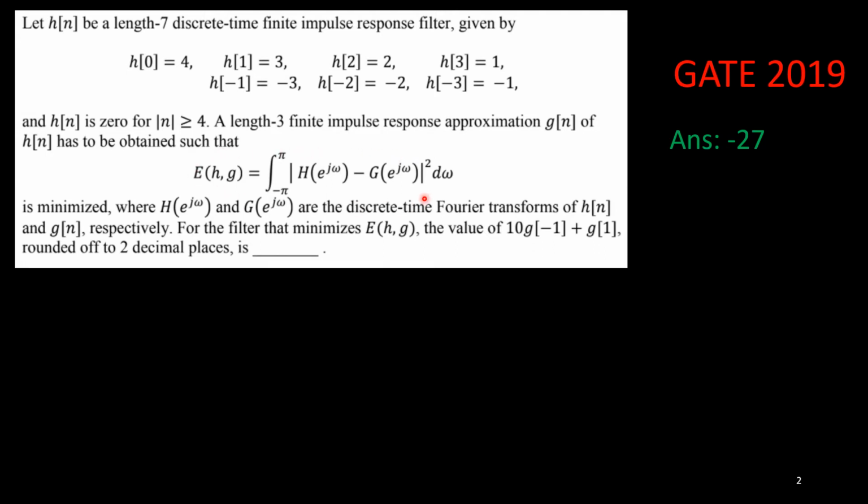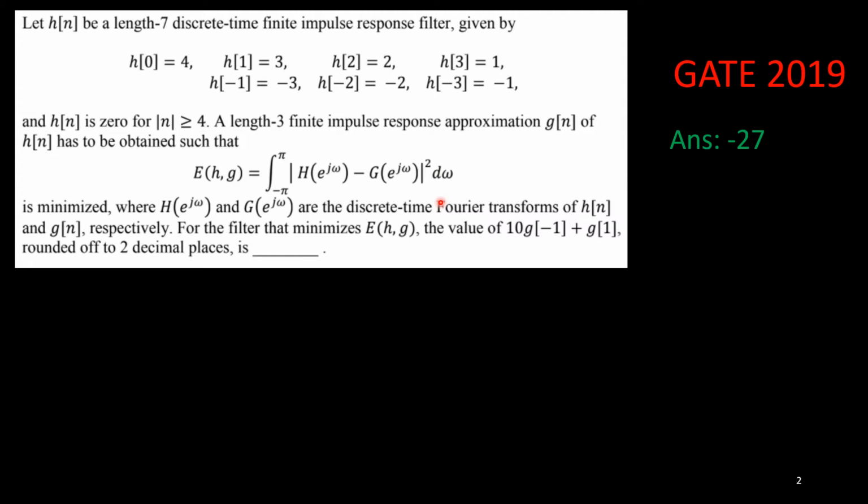Means we have to approximate this h of n by a certain length, that is length 3 only, okay? And the criterion is that we have to minimize this one, h of e to the power j omega minus g of e to the power j omega, that mod square integral, we have to minimize it.